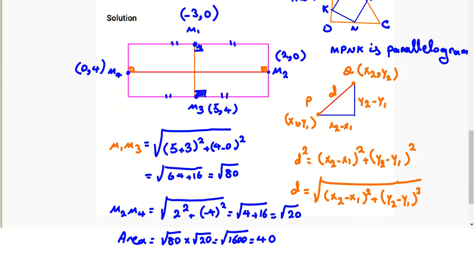Let me tell you something about areas. Area of, for example, a circle is pi r squared. Area of a sphere is 4 pi r squared. Area of, for example, what can we say? Area of a rectangle, a square is easy.